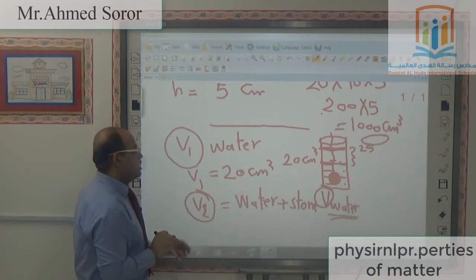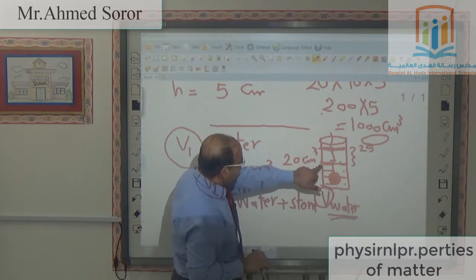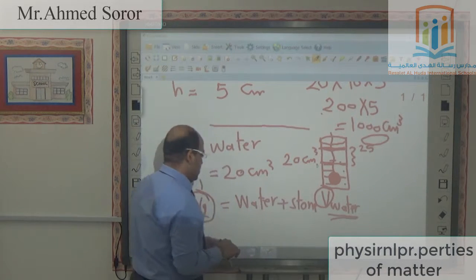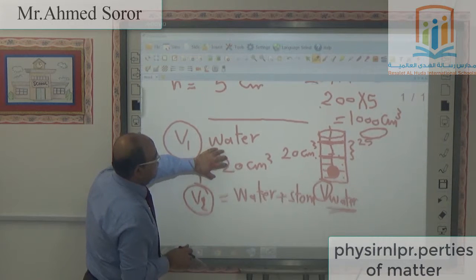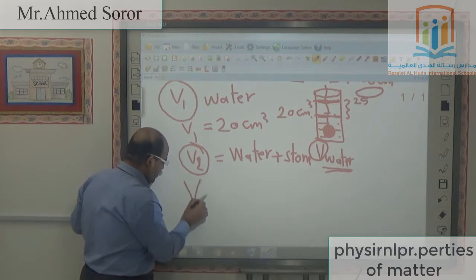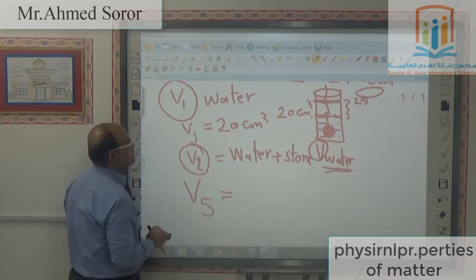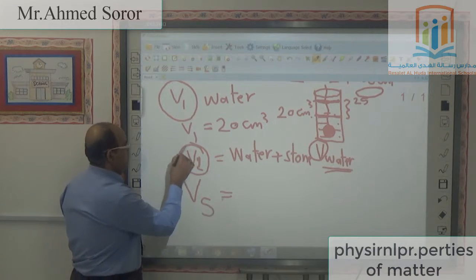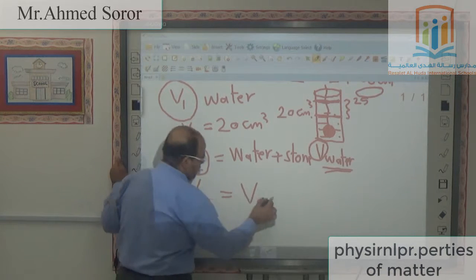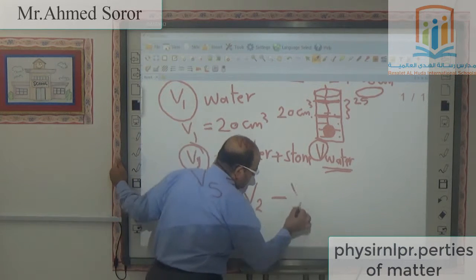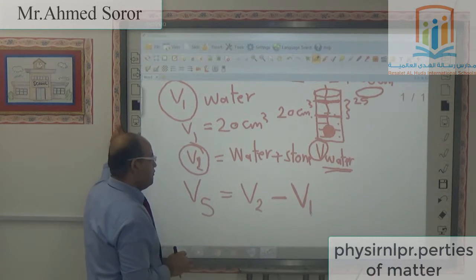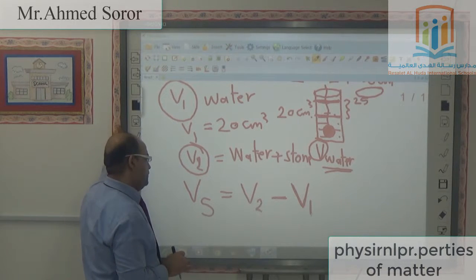Water plus stone. You can observe the water rise from level 20 to level 25. When you want to calculate the volume of stone, V stone equals V2, the volume of water plus stone, minus V1, the volume of water only.